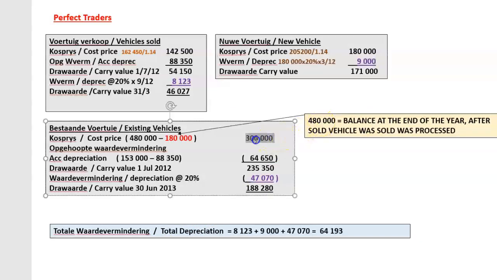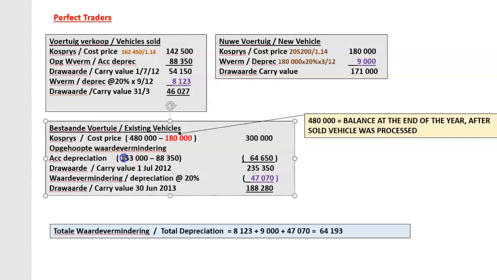To end up with a balance of the vehicles that we had in our possession in the beginning of the year and still have at the end of the year. So that is where the 300,000 comes into play. The 480,000, I said, is the balance at the end of the year after the sold vehicle was processed.